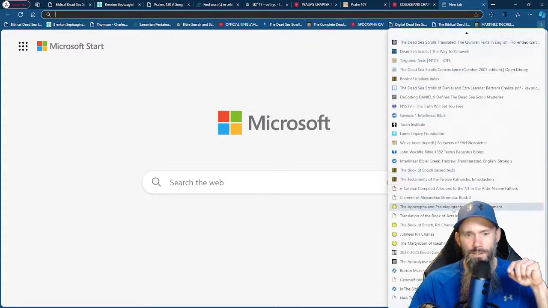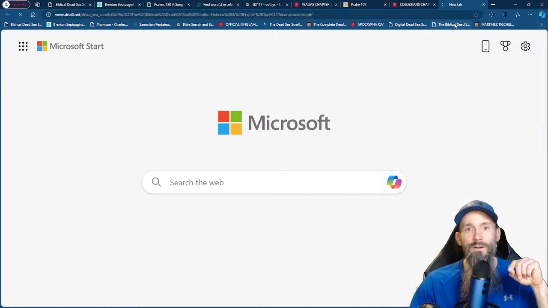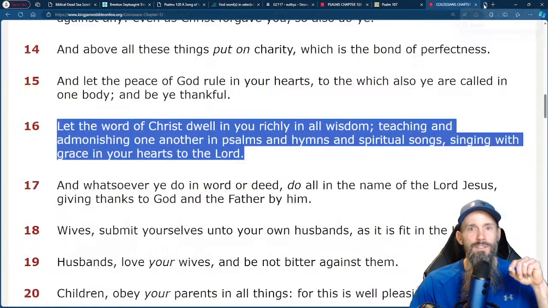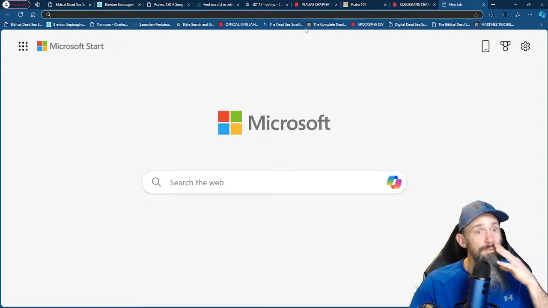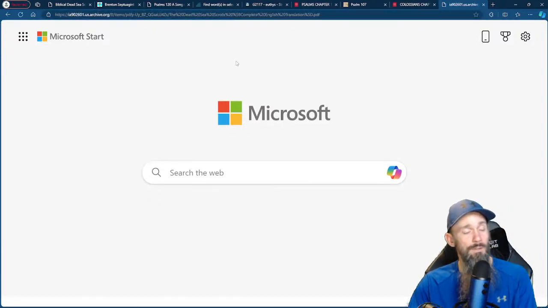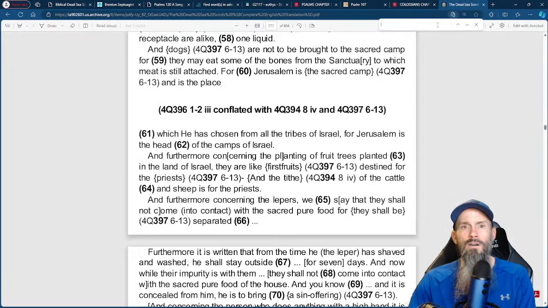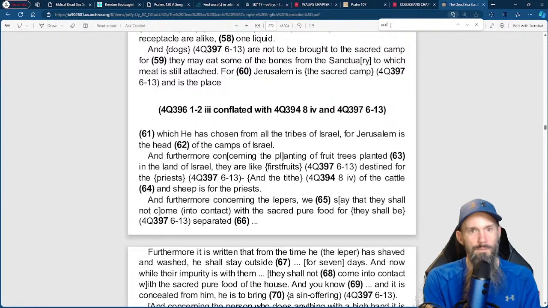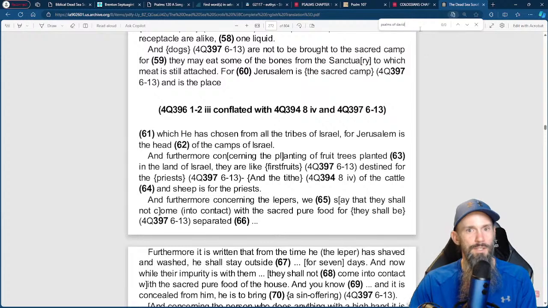Where's it at? I don't know. It's one of these. I got so much stuff. It's hard to keep up with it. Yep, Psalms of David. That's the good thing about this. You can use the search tool. This is Geza Vermes Dead Sea Scrolls translation. It's good.